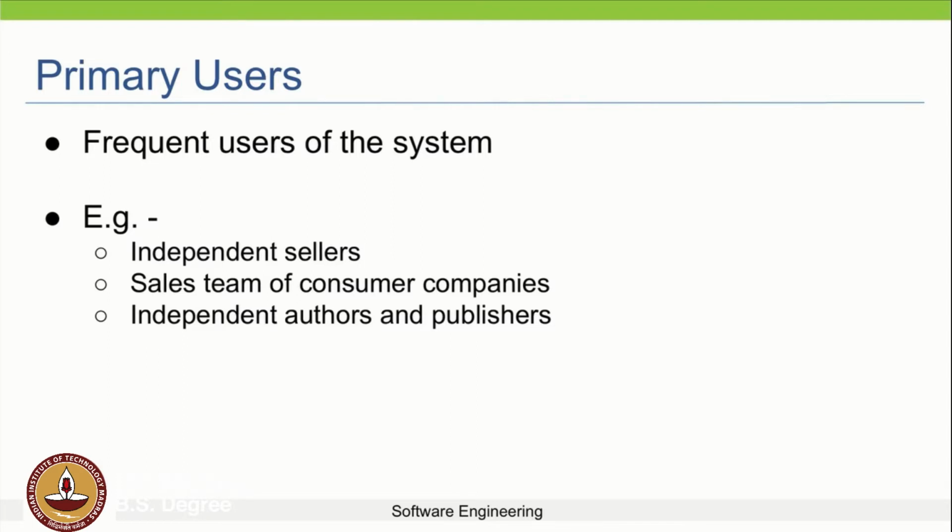So who do you think are primary users of this Amazon seller portal? Well, they can be the independent sellers who sell specific products. Primary users can also be the sales team of consumer companies, like those who sell electronics like mobiles, computers, etc. Even independent authors and publishers who want to sell their books online can be the primary users of this seller portal system.